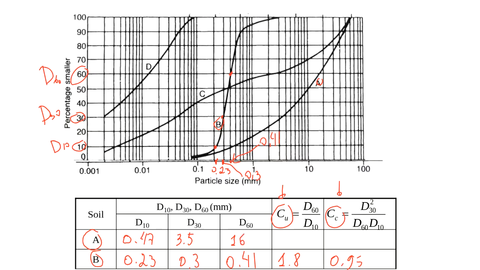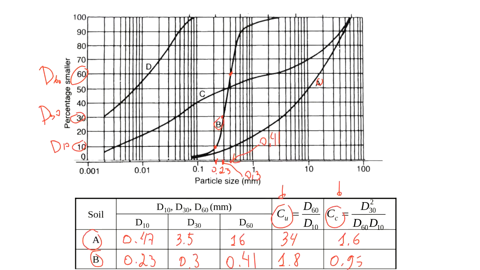So in this case, the coefficient of uniformity is 34, and the coefficient of curvature is 1.6. We will need this information to classify the soil. Is it clear how to do this? You have to do it by yourself. Yes, okay. So I'll take that as yes.